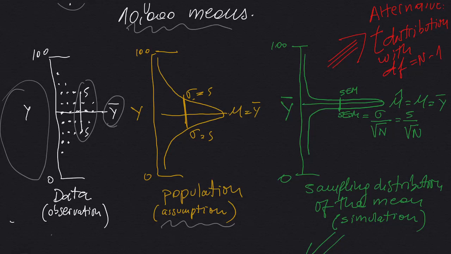We make an assumption that the mean of the population is exactly the same as the mean of our sample. We made the assumption that sigma, the standard deviation of that population, is the same as that of our sample. And we made the assumption that the distribution is normal in the population.